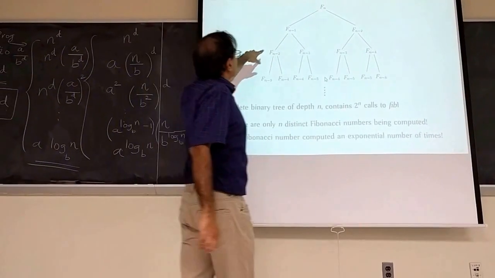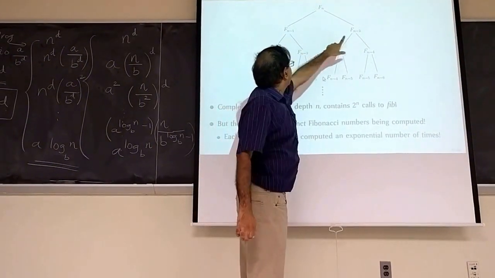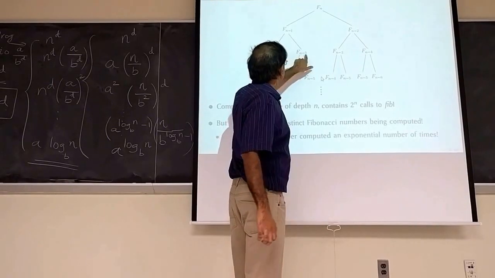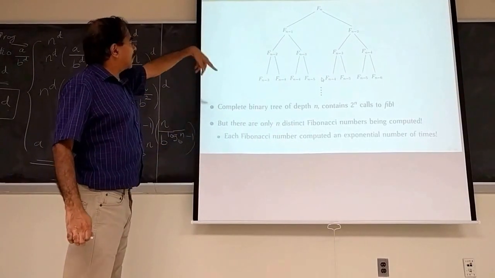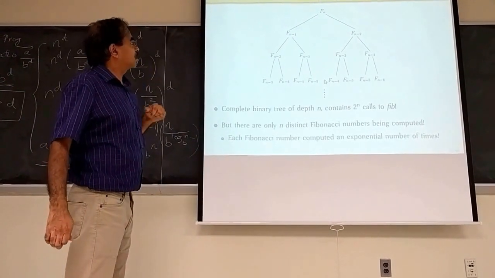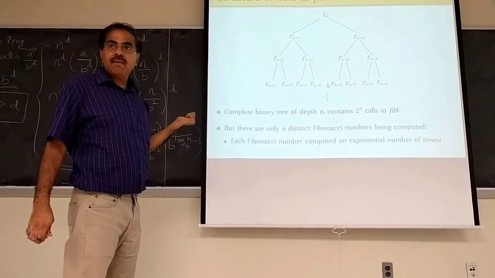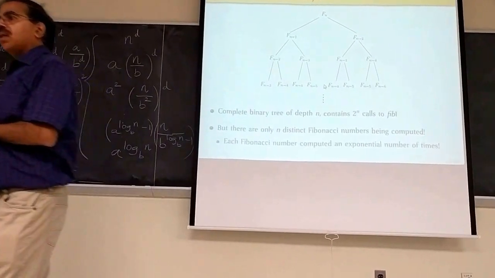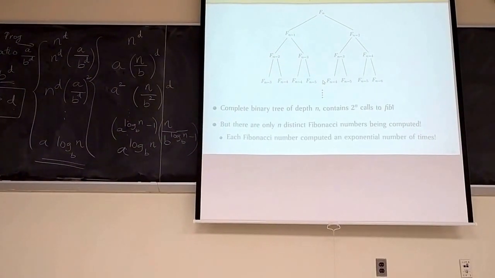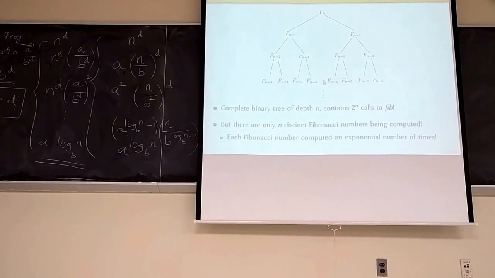So in this case, F n calls F n minus 1 and F n minus 2, F n minus 2 and F n minus 3, and so on. Okay, and you can see that the depth of this tree is going to be n, right? Therefore, you can see that its width should be of the order of 2 to the power n, right?